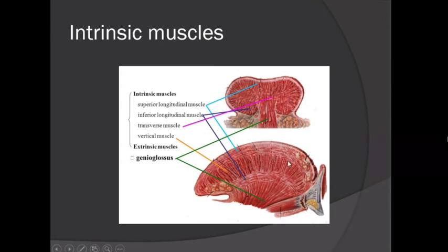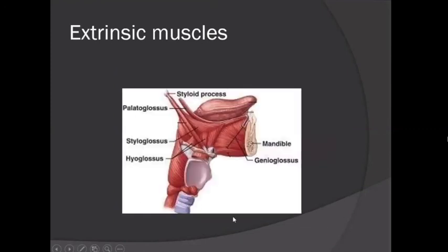Now, regarding extrinsic muscles, you have genioglossus. The genioglossus muscle is attached to the superior genial tubercles. It's a fan-shaped muscle, and when the posterior, inferior fibers contract, the tongue is protruded out.